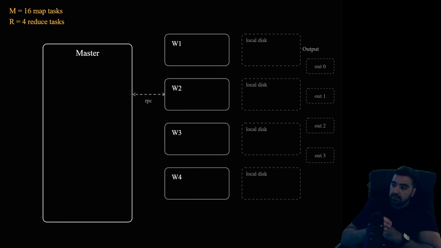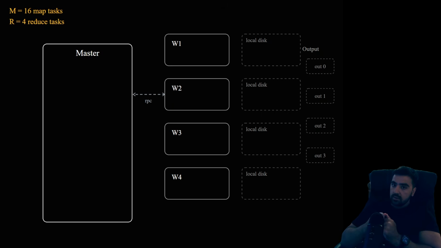If we have 16 input files, we're going to run each one of those input files in one map task. But if, let's say, we have 8 input files and M defined as 16, then we need to chop each one of those input files into 2 pieces, so we can run each independent input piece in a map task. Also, R is the number of our final output files.